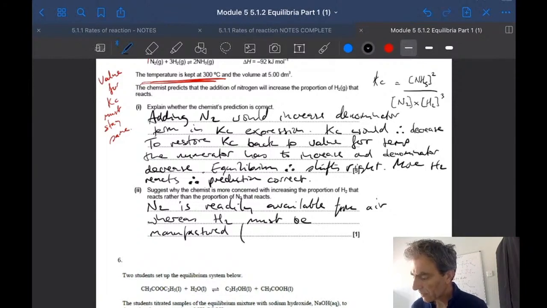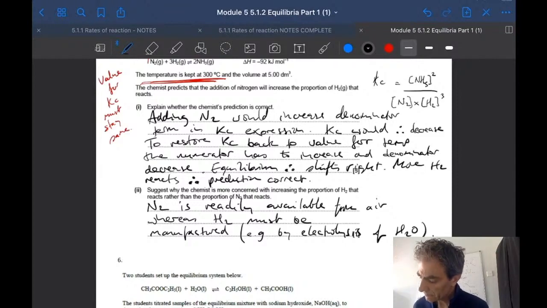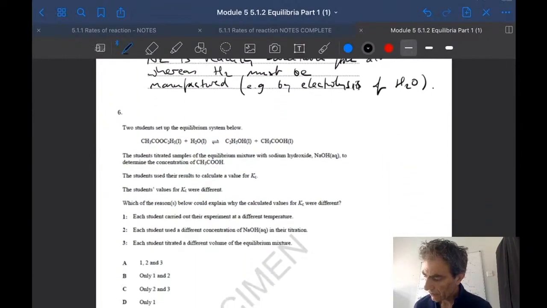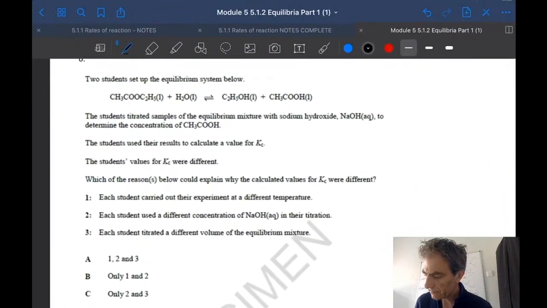And I'll just put in brackets, this wasn't essential, but you could have said, for example, by electrolysis of water. Okay, that was what was in the mark scheme for that one. So there. Okay, final question.